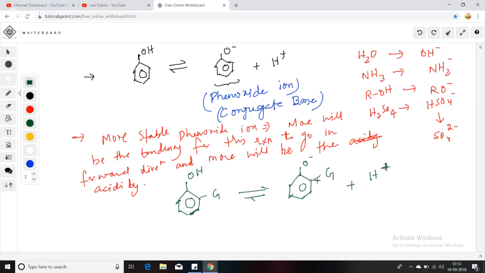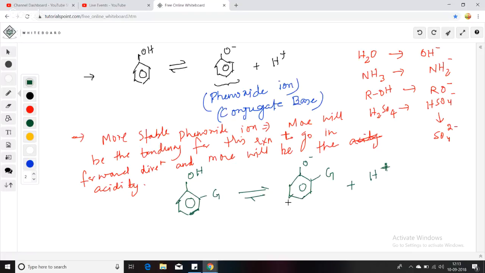Now if this group is electron releasing, it pushes electron into the ring. In that way, the negative charge density on this oxygen is increasing and the stability of the phenoxide ion is decreasing. If this group is electron withdrawing, you withdraw the electron, so the negative charge gets more stability, and hence the acidity will be more.